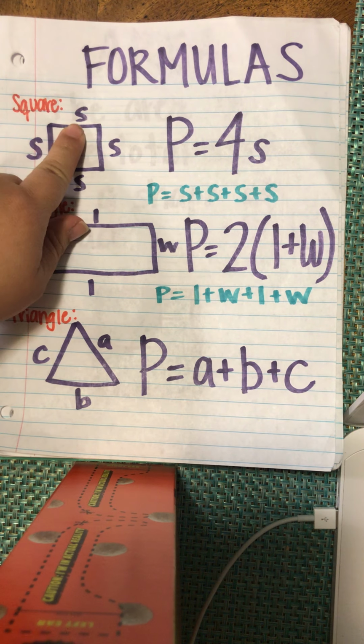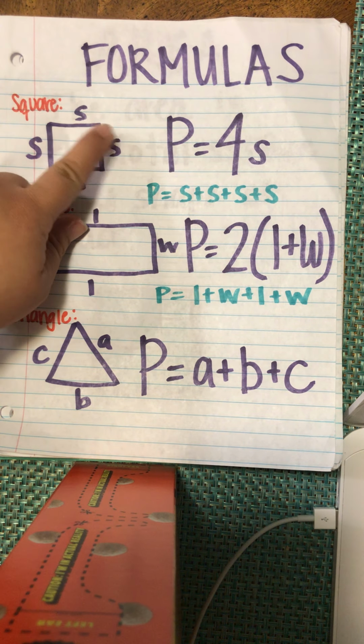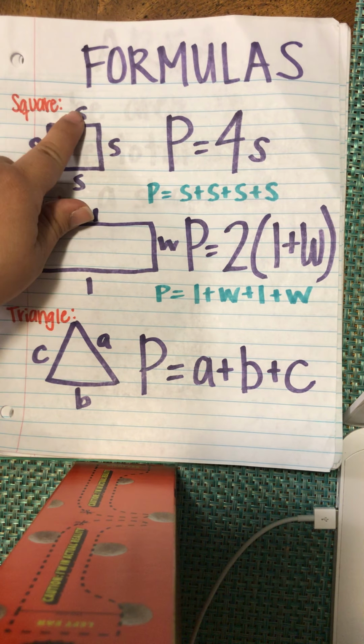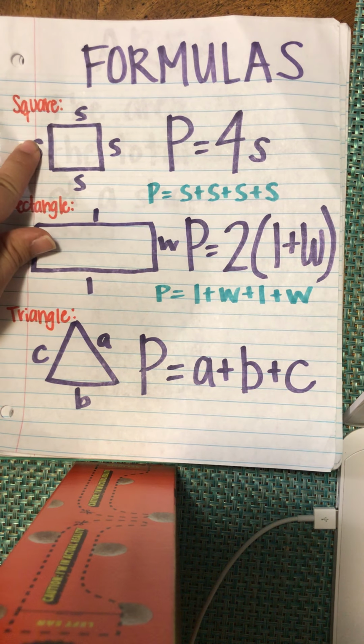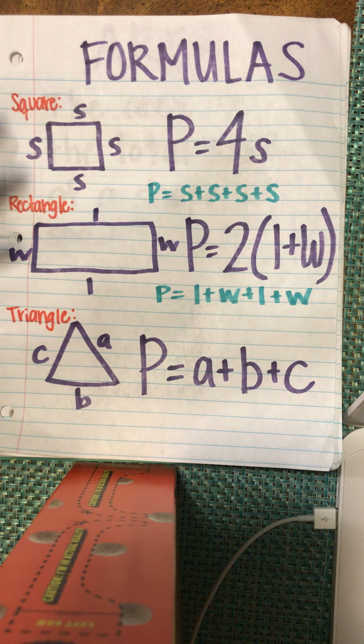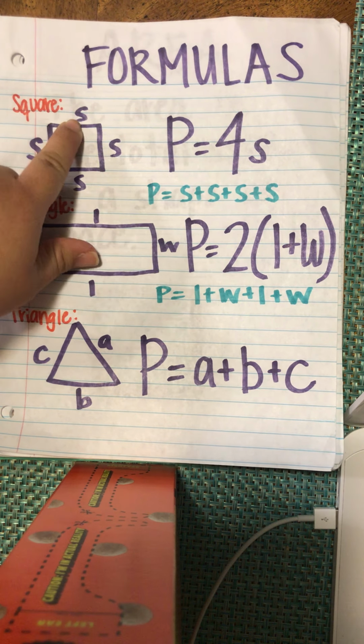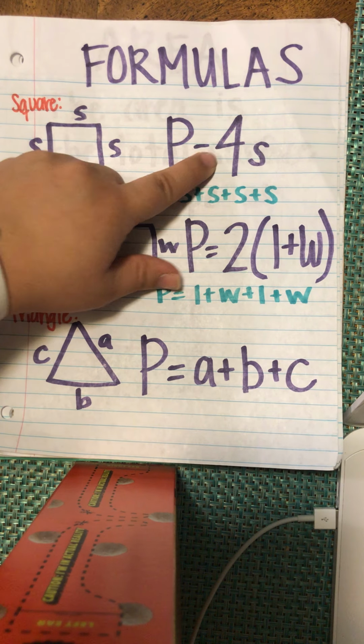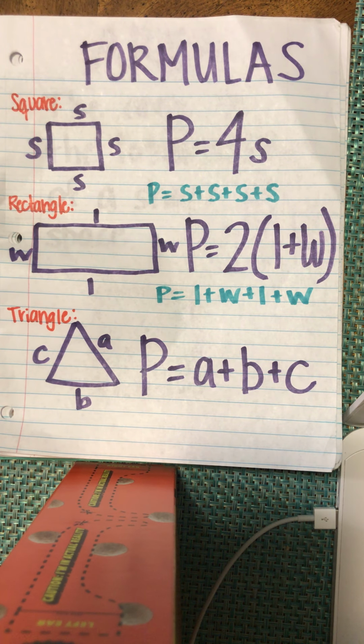So if this were here a 2 again, and this was a 3, you would just add 2, 3, 2, 3, and you would get the answer that you were needing. Or if it was a 2 and all of them were 2, then you would get the same answer right here as 4S.